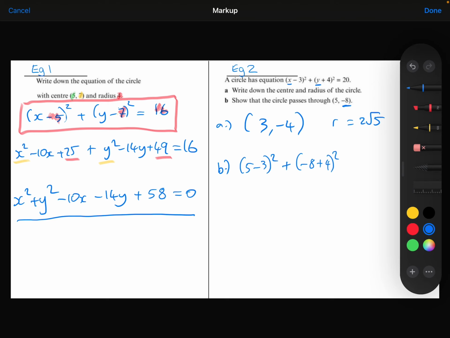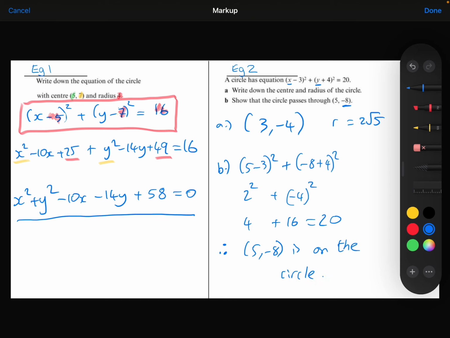If I don't get 20, then it's not. So let's check. 5 minus 3 is 2, squared. The minus 8 plus 4, squared. So I get 4 plus 16, which is 20. And so I can say yes, therefore (5, minus 8) is on the circle.